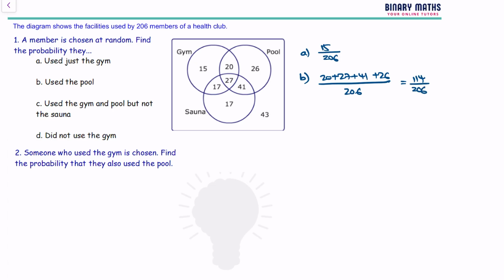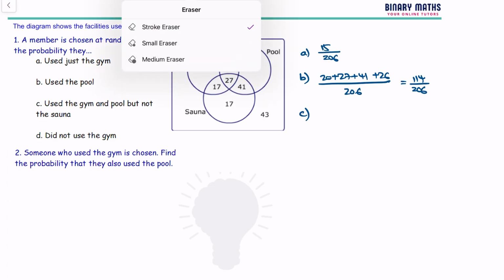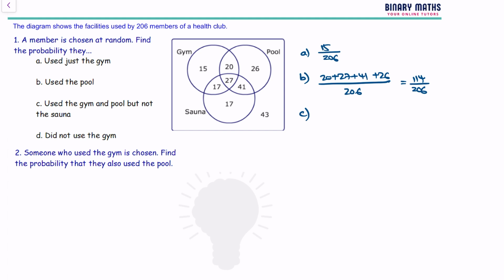C, use the gym and pool but not the sauna. So gym and pool is this bit, but obviously that's part of the sauna, so that means just the 20. So 20 out of 206. D is did not use the gym.